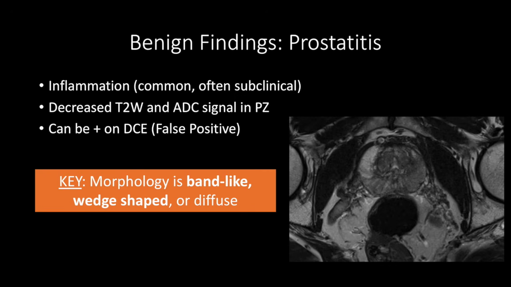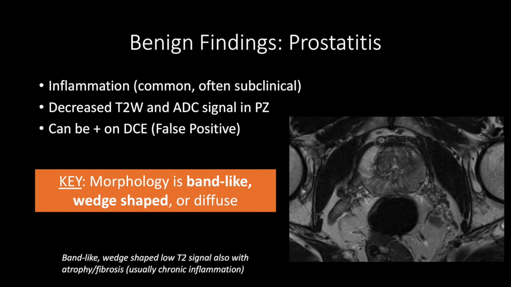But we're going to go through the algorithm in a bit and take you through some cases, and this will all become very clear. For now, just think of prostatitis as linear or wedge-shaped T2 hypointensity and mild changes on other sequences. More chronic changes of prostatitis can lead to areas of atrophy with volume loss and bands of low T2 signal as well.